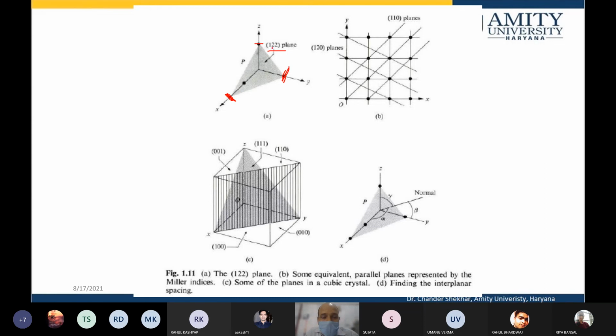What it means is that the x-axis it is dividing in its whole single unit, and the y-axis it is dividing the unit translation vector into two equal parts. Similarly on the z-axis, two equal parts. That way you can draw the plane.